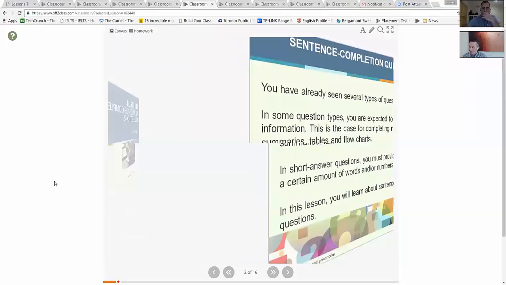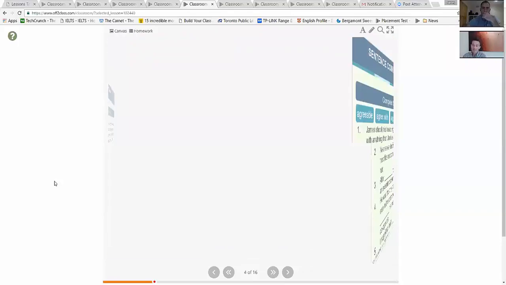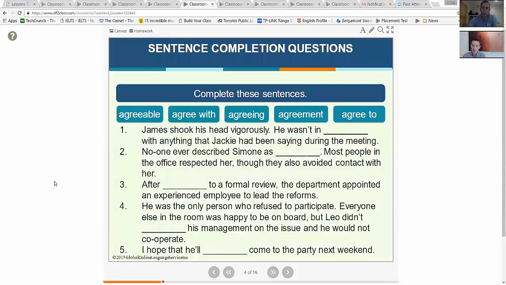In particular, I just want to show you here is an introductory exercise that I would give to a student. Again, you can see we've got a phrasal verb, a prepositional verb, the noun, the gerund form, and an adjective, all with agree. And they will only fit correctly in one of these exercises.